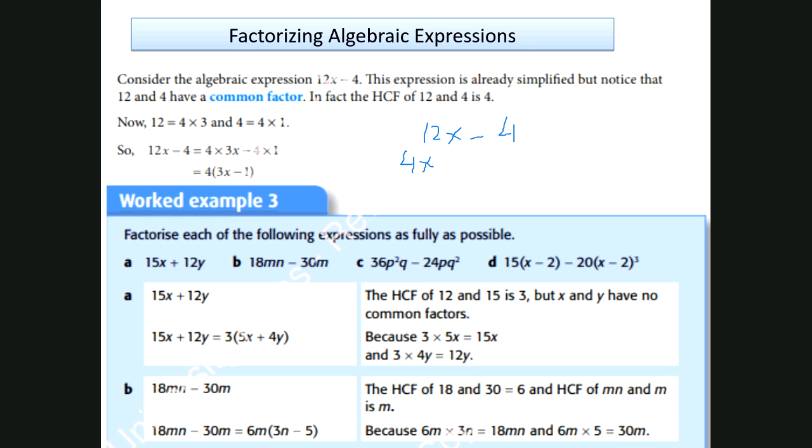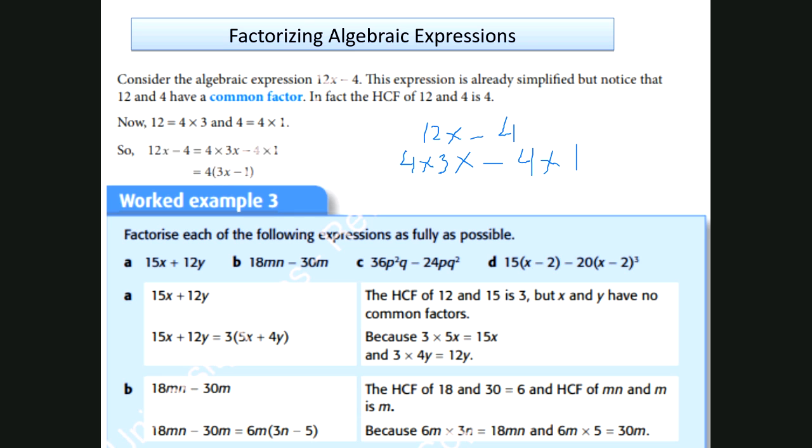May I write in place of 12x, 4 into 3x? Yes, you can write 2 multiplied by 2 multiplied by 3, 4 multiplied by 3 is 12. But what we actually want is to find the HCF. HCF means highest common factor. That's why I am taking 4 into 3x, and this 4 multiplied by 1.